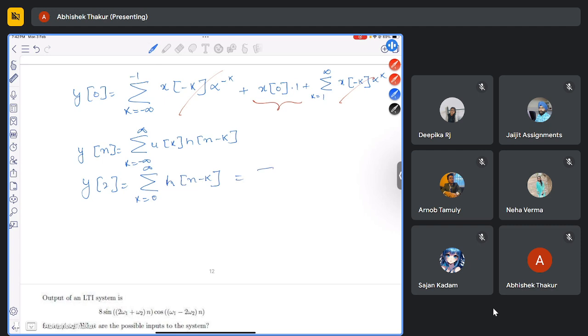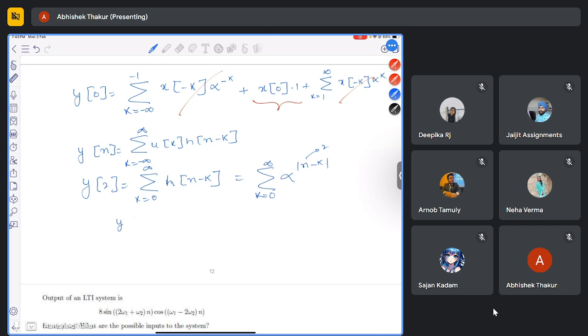So this is equal to, and h of n is alpha to the power of mod n, so alpha to the power of mod of n minus k. Now we have to put n is equal to 2.